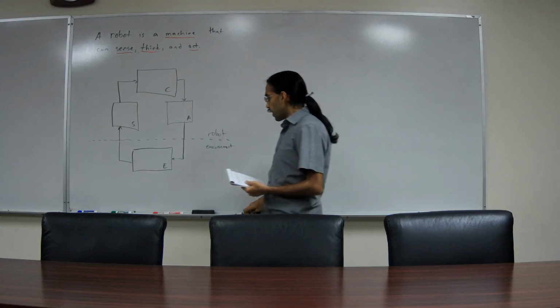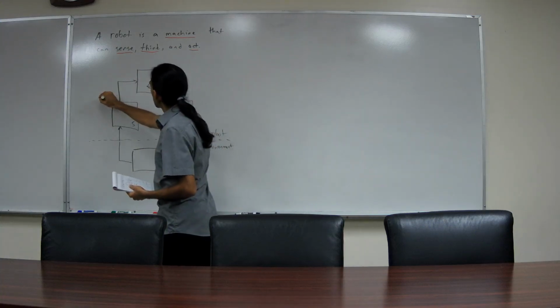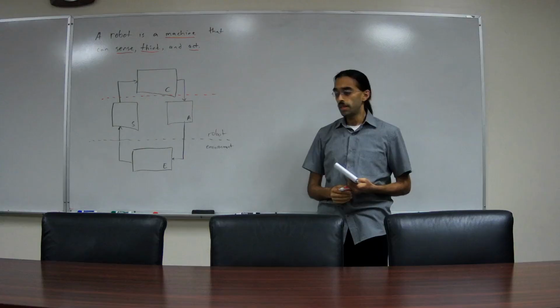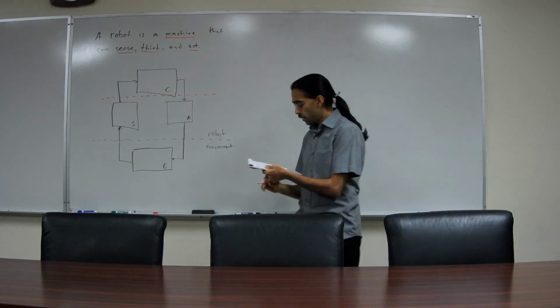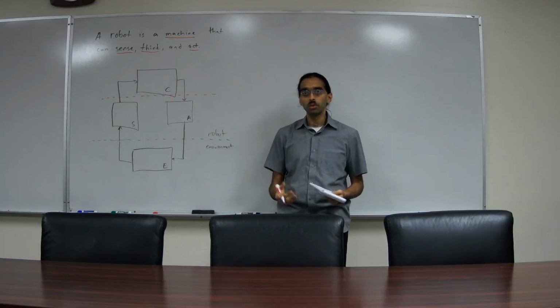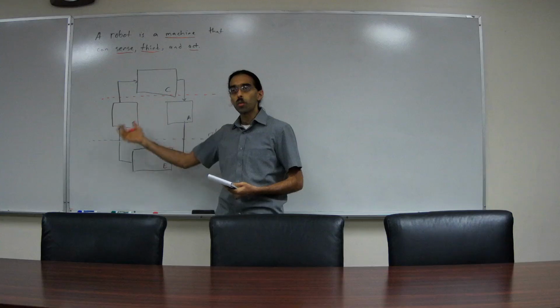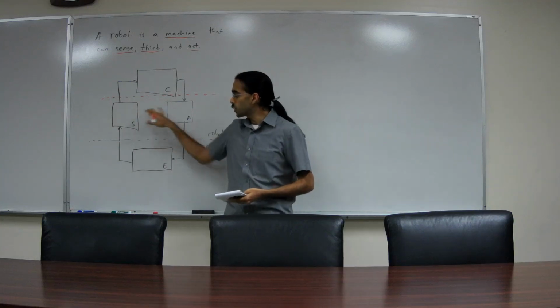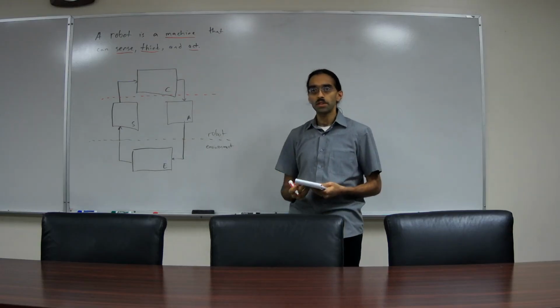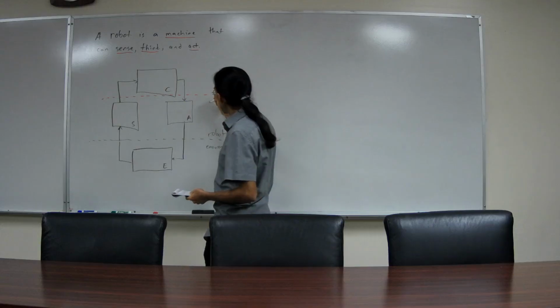We can draw another line. Let's draw it right here, which is why I drew this in this particular way. Down here is everything that's tangible, that's real, that has some hardware interaction. The sensors, the actuators, they all deal with things in the real world, so they need to have some real presence. They need to be physical.